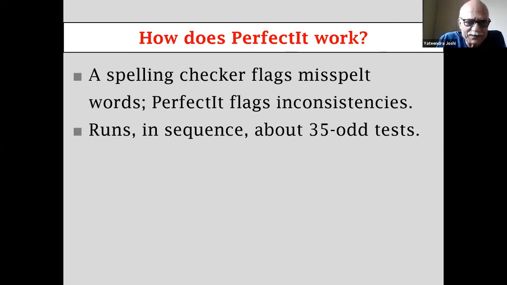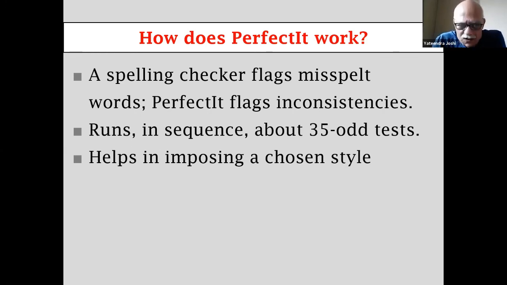It also claims to help in imposing a chosen style, because as I mentioned early on, it will flag inconsistencies. It cannot decide. But if you have already specified a style, then it will know that this is the style you want imposed. So accordingly, it will make the suggestions.